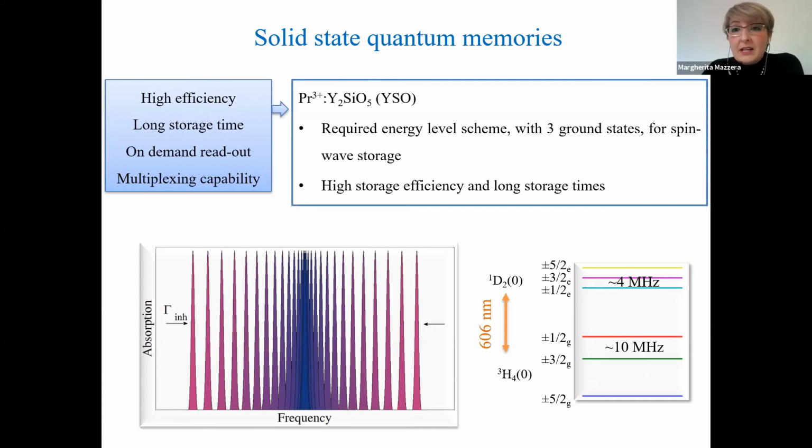In terms of coherence, at 3 Kelvin, we are already quite close to what you would achieve at sub-Kelvin temperature. In other crystals, with the same platform but other active ions, for example erbium, then you would need much lower temperatures, yes. But with this specific ion, you don't really need extremely cold environments.